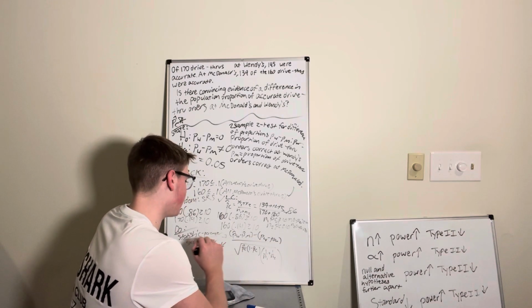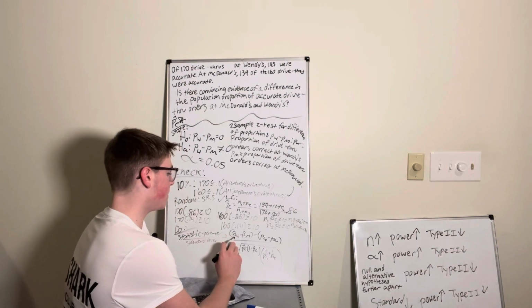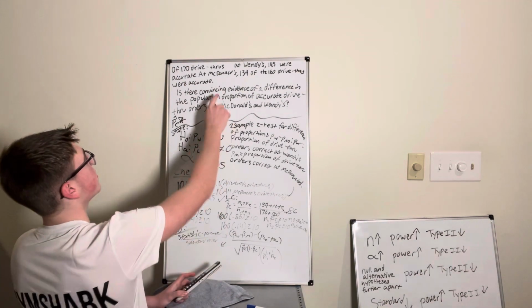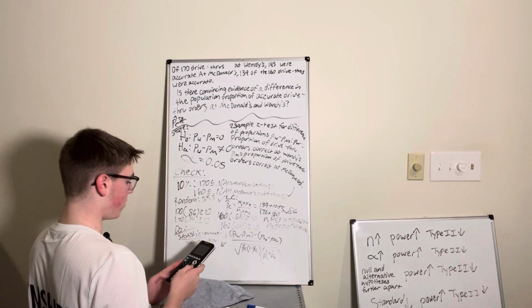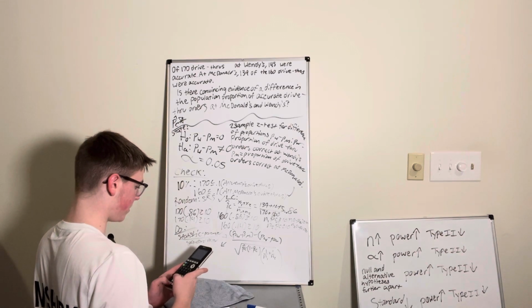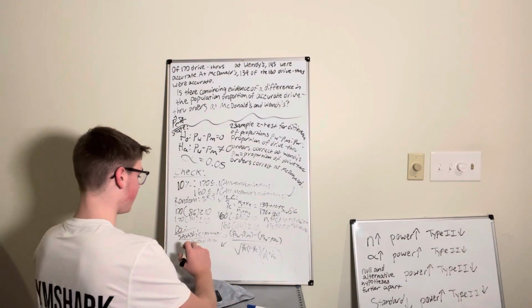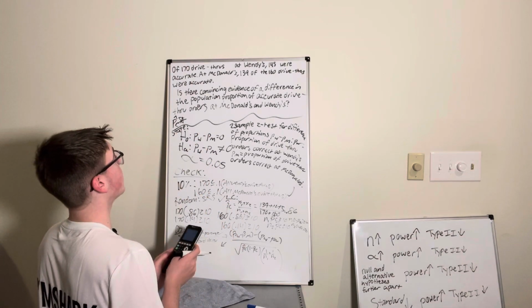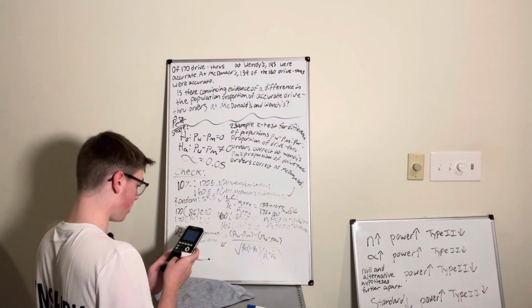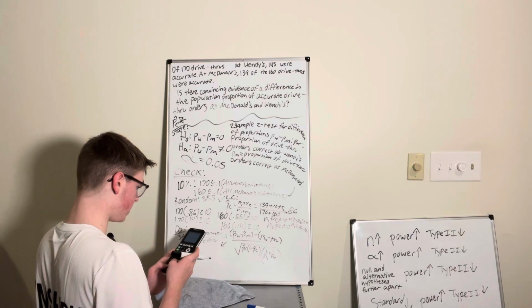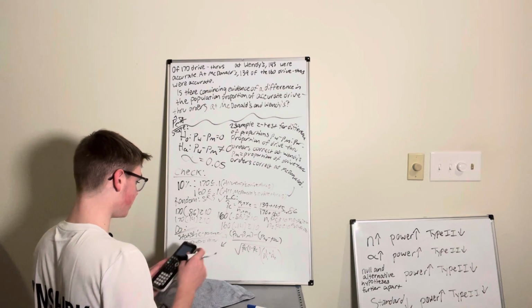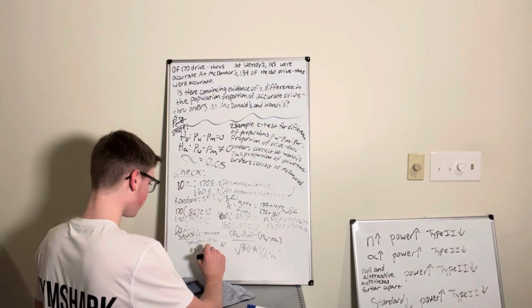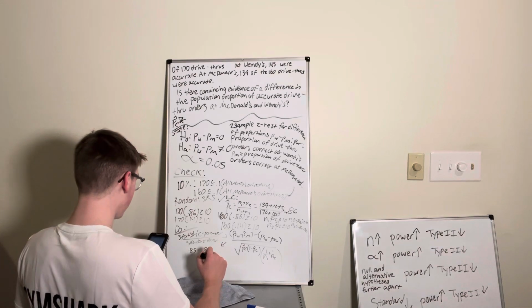And this is the same thing as p hat W. p hat W is 145 out of 170, 0.85, minus 139 out of 160, 0.87. I didn't realize how close they were.